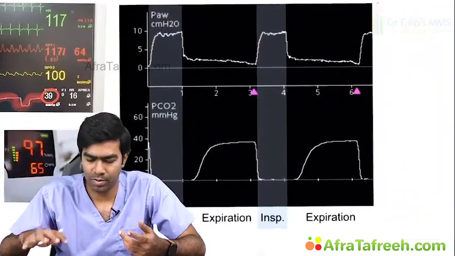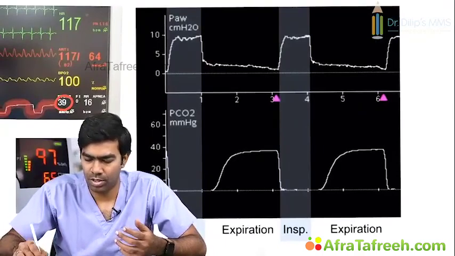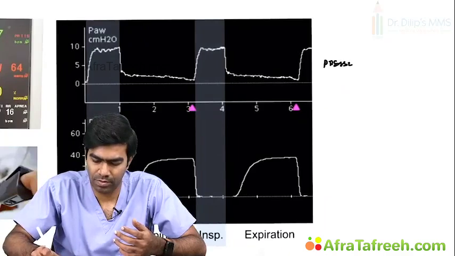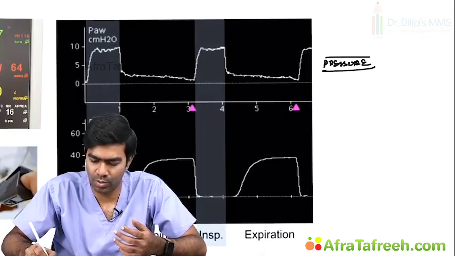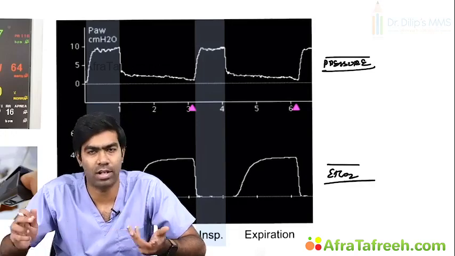And this is one important image you have to know. The upper one shows the pressure waveforms in the ventilator, and the lower one shows the end-tidal carbon dioxide waveforms that is connected to the endotracheal tube.